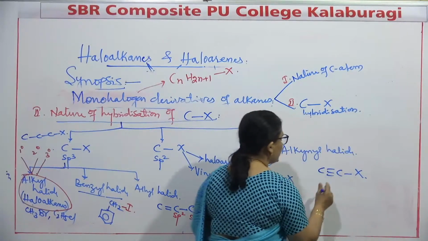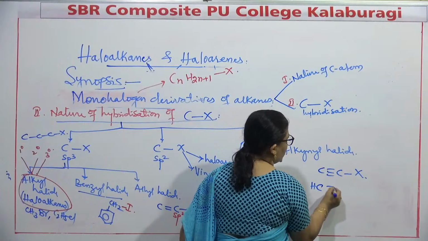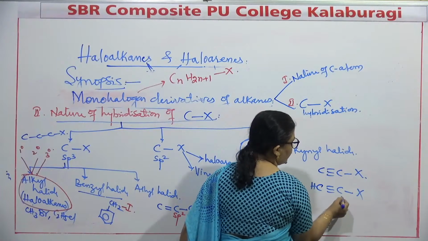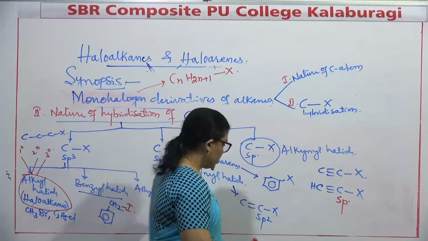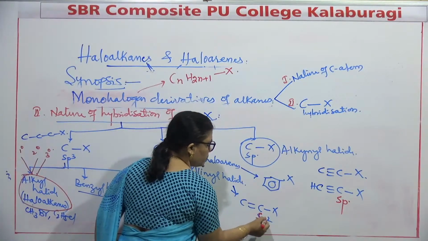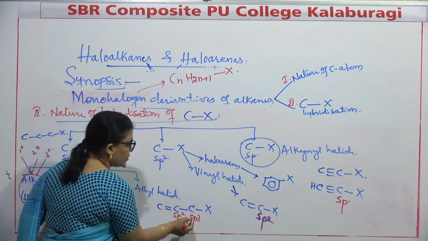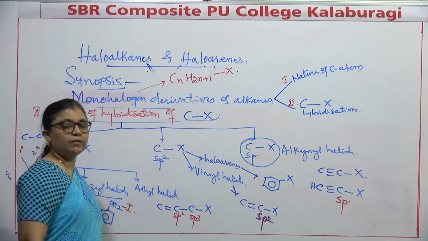We can write the example like CH triple bond C and X. This carbon atom is sp hybridized. This is sp3, but the next carbon atom is sp2.